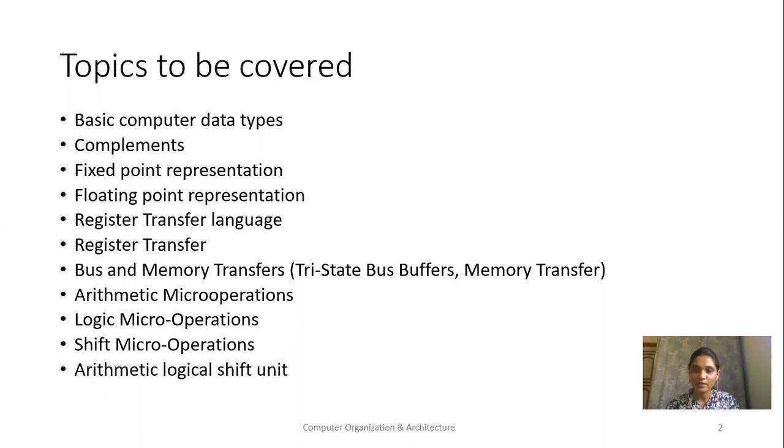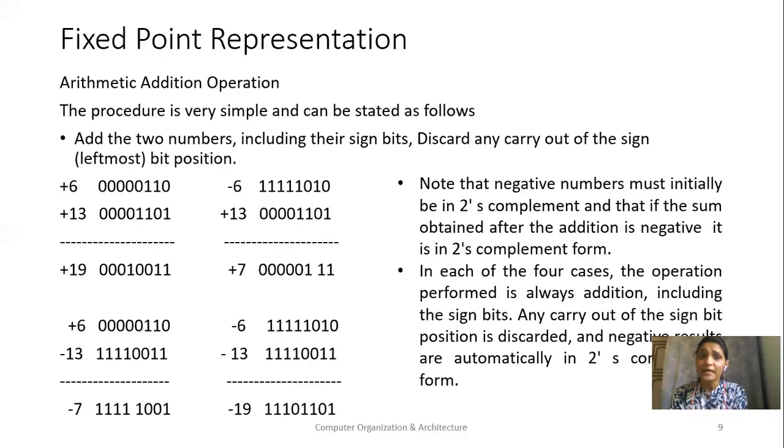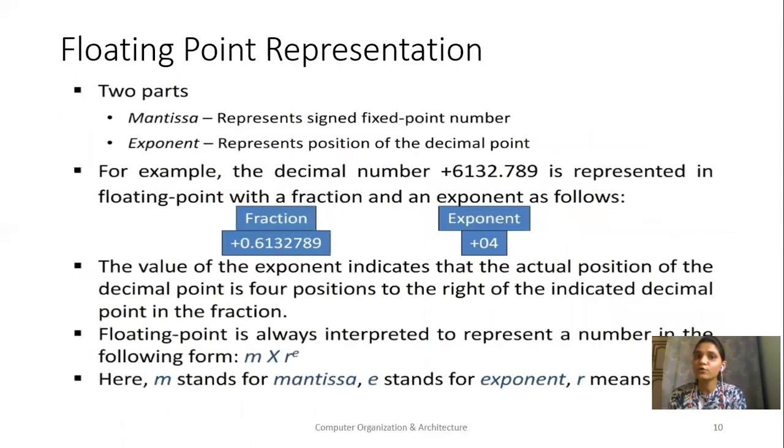As we have seen in the last lecture, you can represent a binary number in fixed point representation. The second method of representing data is floating point representation. In this method we divide the number into two parts, mantissa and exponent.